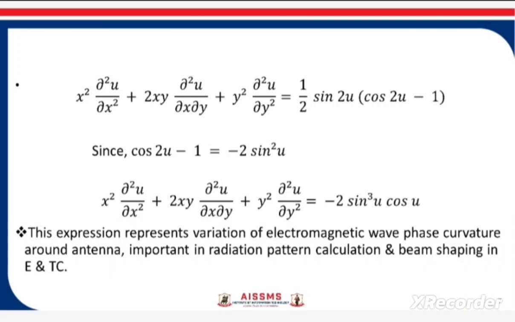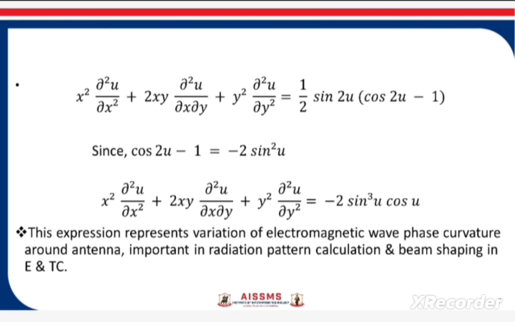Now we put the values of g and g dash in the result of Euler's theorem. So x square del 2u by del x square plus 2xy del 2u by del x del y plus y square del 2u by del y square equals 1 upon 2 into sine 2u into cos 2u minus 1.